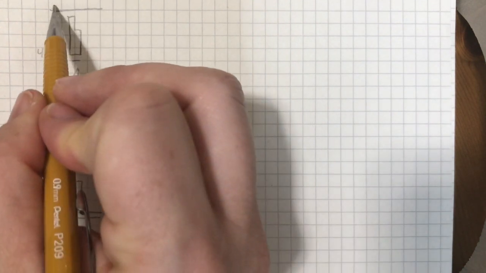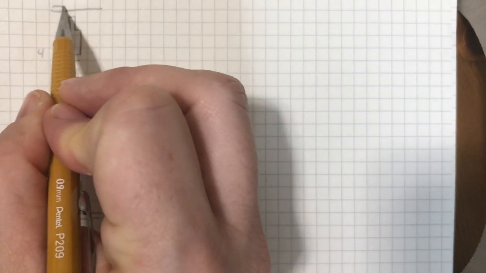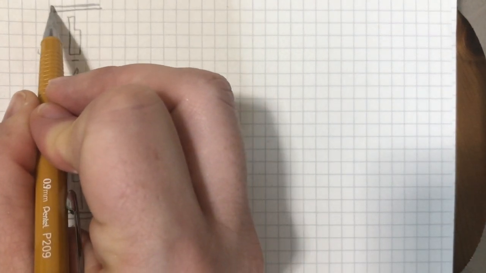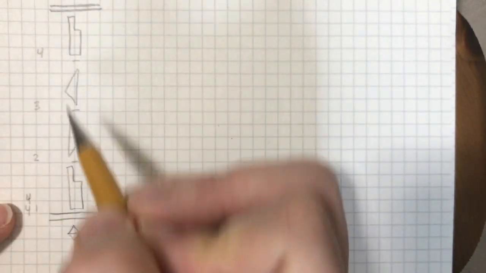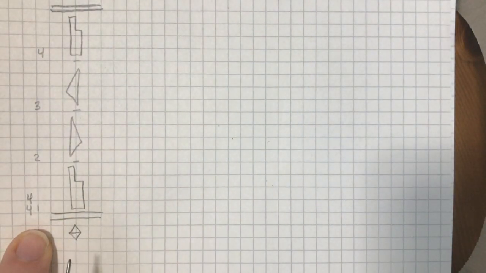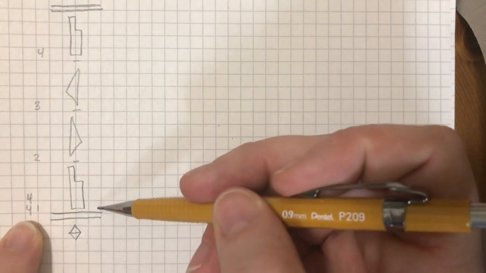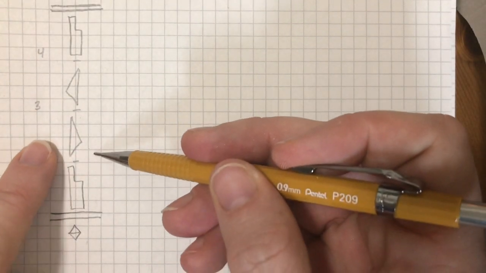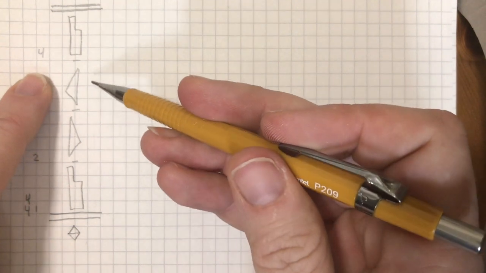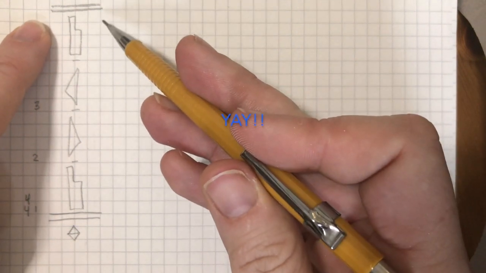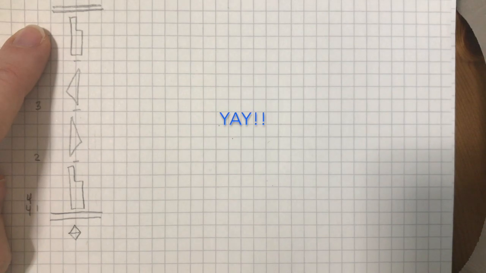And then to tell them that it's the very end, I can draw another double bar line, and that says the dance ends right here. So again, we tell them where to start, and then we have forward, right side, left side, forward. And that's our whole dance.